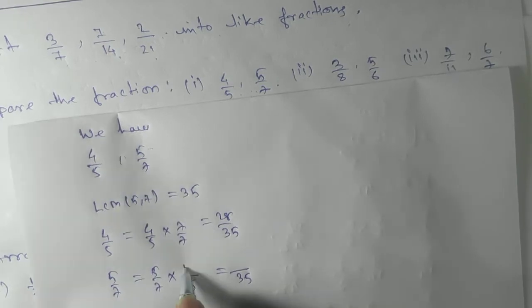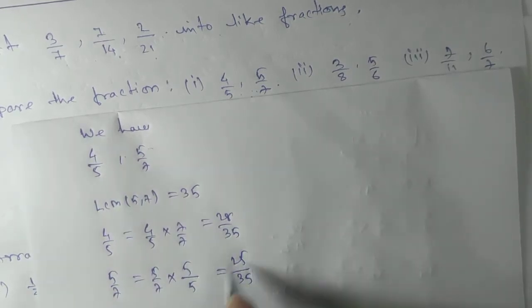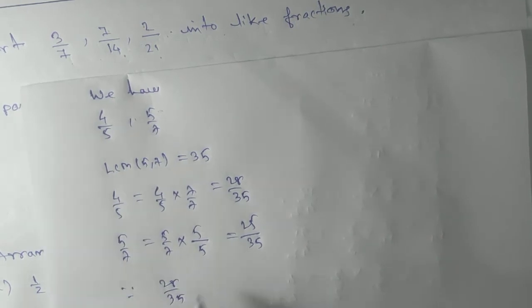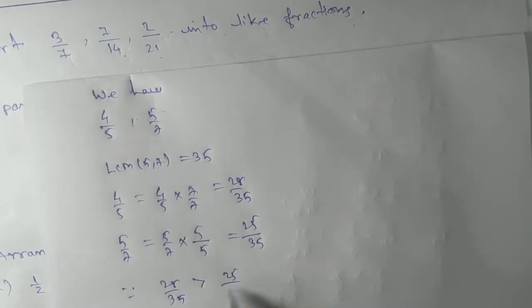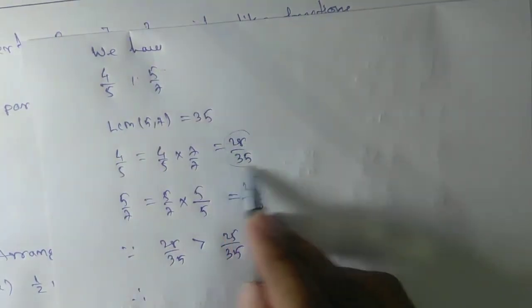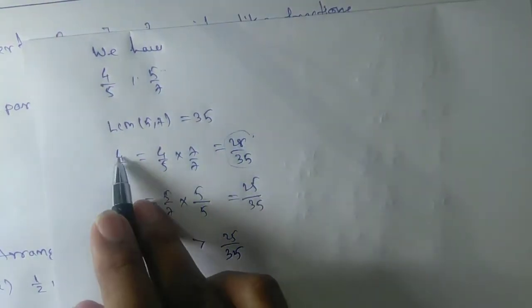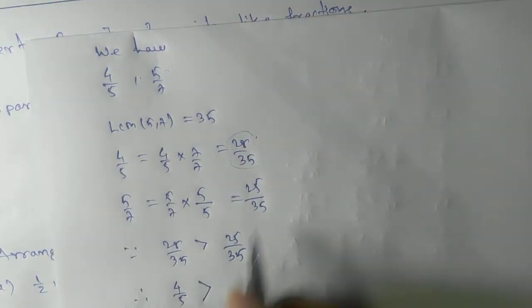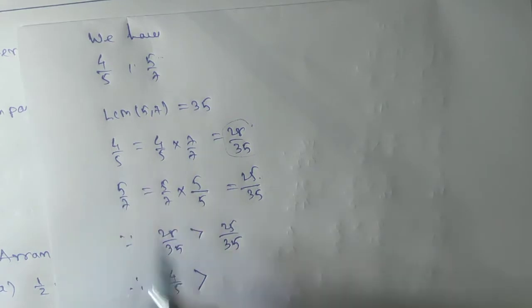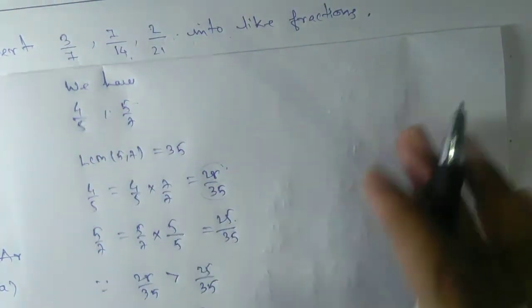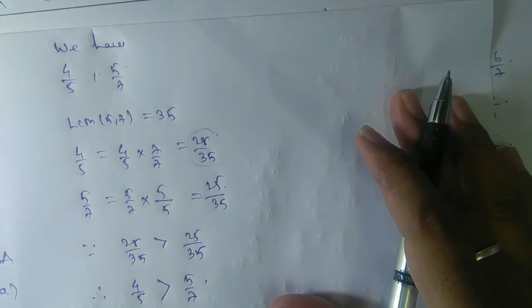You need to multiply by 5, you get 25. Now you can see that 28 by 35 is greater than 25 by 35. That means 4 by 5 is greater than 5 by 7. This is one method, converting into like fractions.